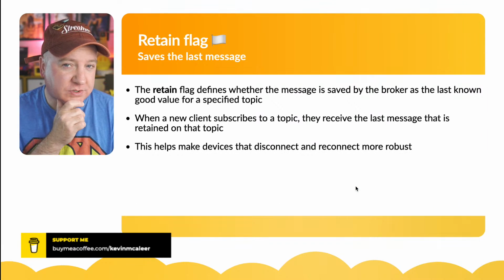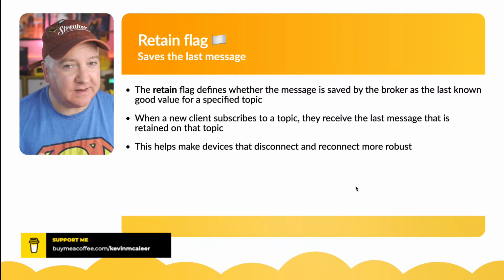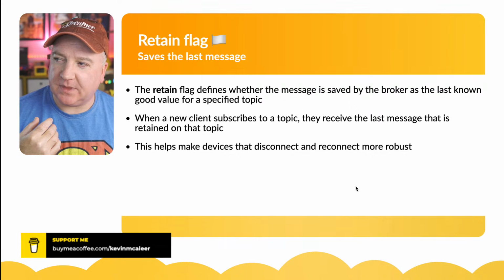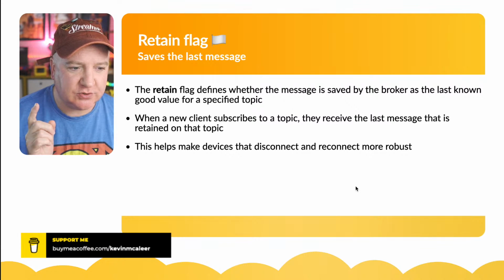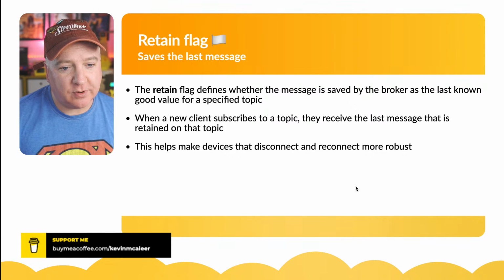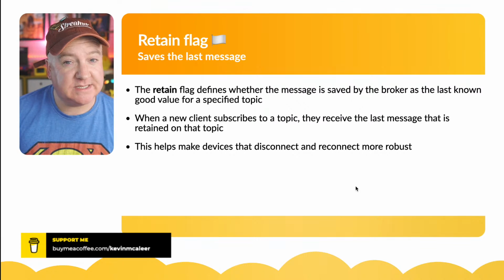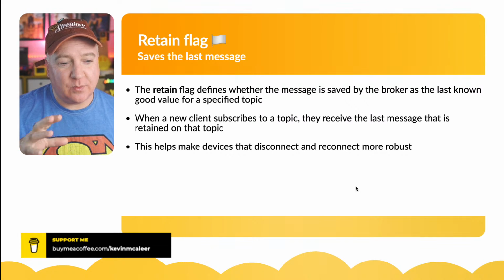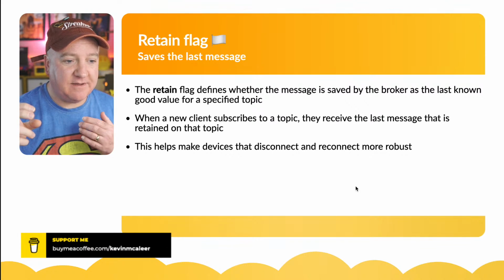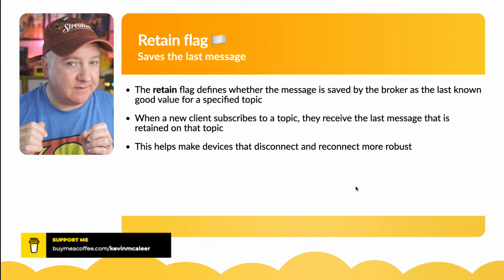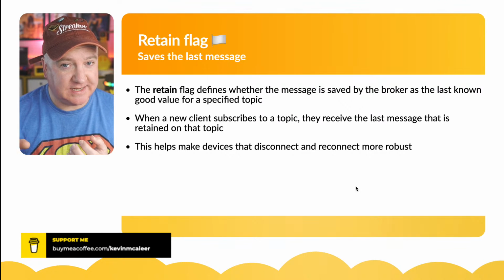And I mentioned not storing messages. The retain flag is a special thing you can put on a message when you send it. The retain flag defines whether the message is saved by the broker as a last known good value for a specific topic. Imagine that in its dying breath, a client sends out a message. The broker can save that, and then if the client is able to reconnect, it can read what that last value was and see whether it's still valid or whether it needs to send another message to say, no, I've changed.